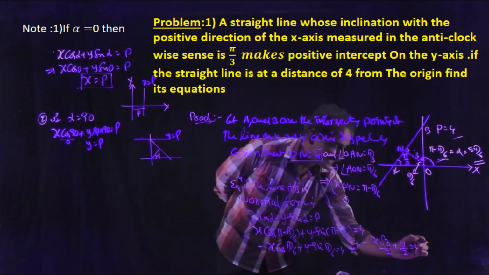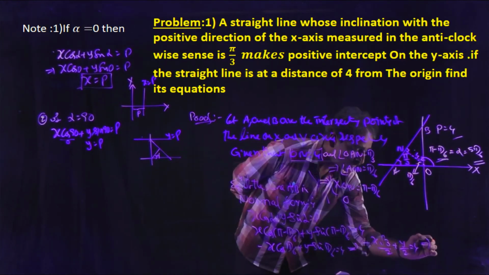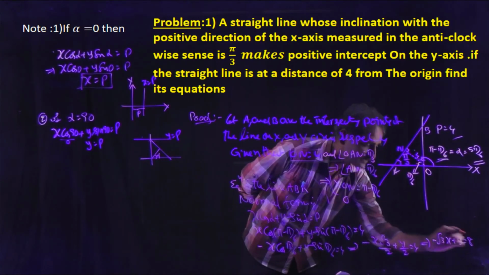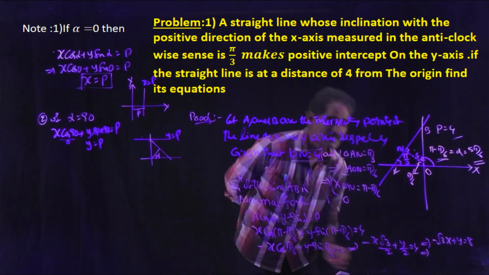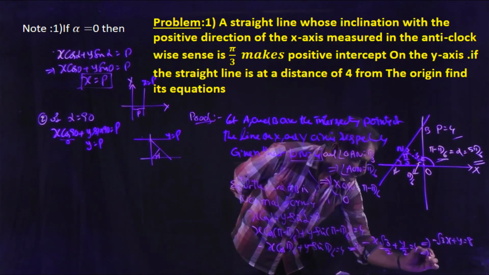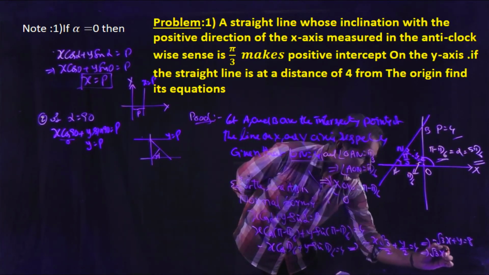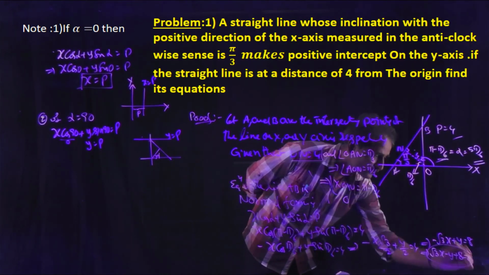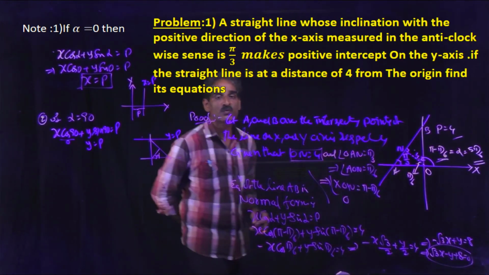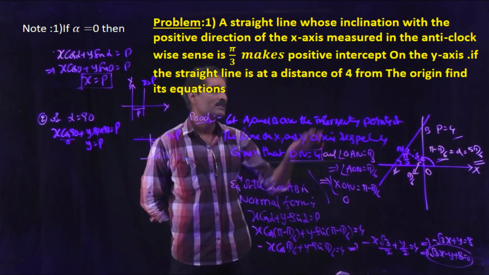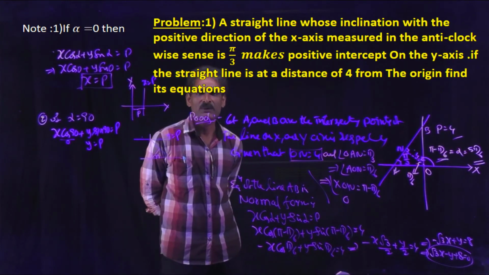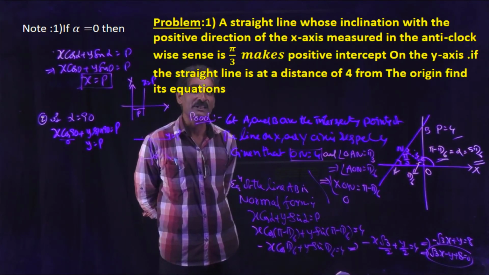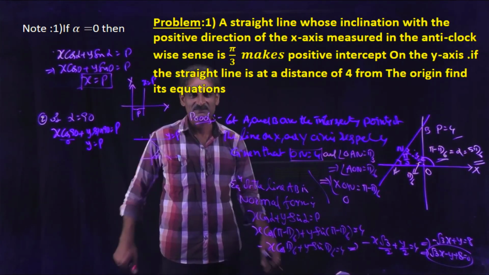From this we can write minus root 3 x plus y is equal to 8. Here also we can write root 3 x minus y plus 8 equal to 0. This is the way to find the equation of the line in case of normal length 4 and the line making angle pi by 3 with the x-axis. Okay, right. Thank you.